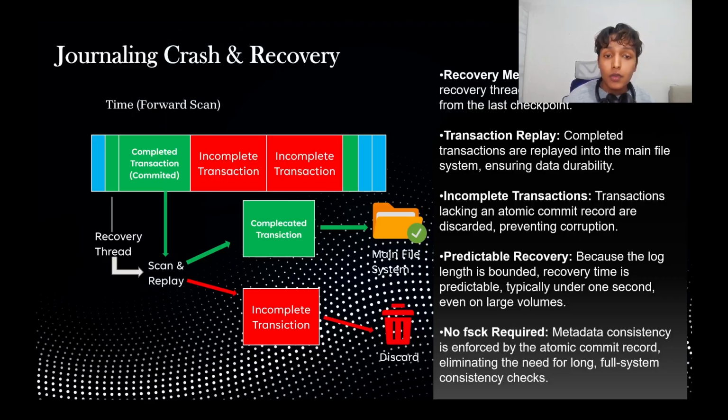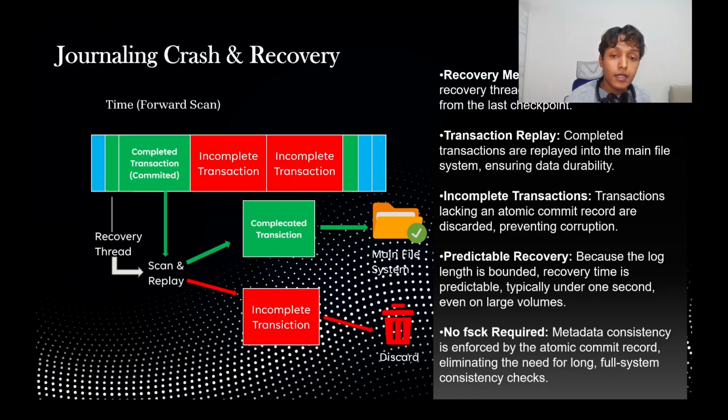What happens during a real crash is when the system reboots, the recovery thread scans the journal from the last checkpoint. If it finds a complete transaction, meaning it has a commit record, it replays it safely.